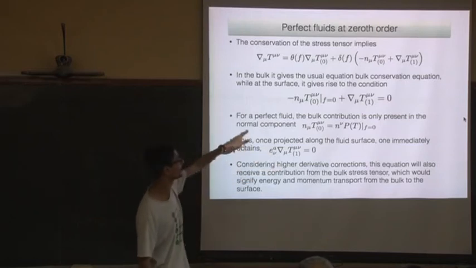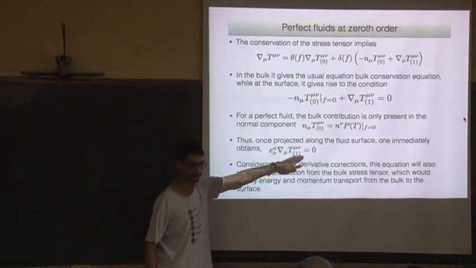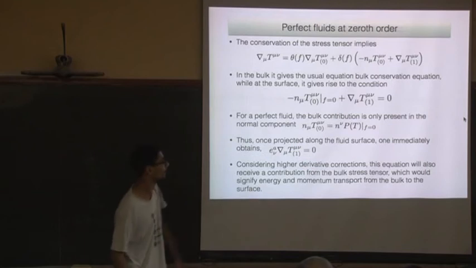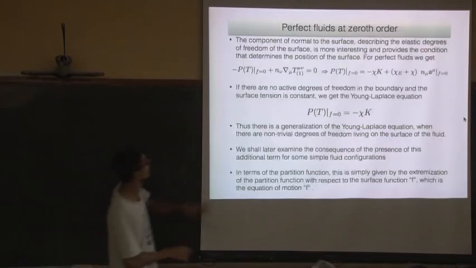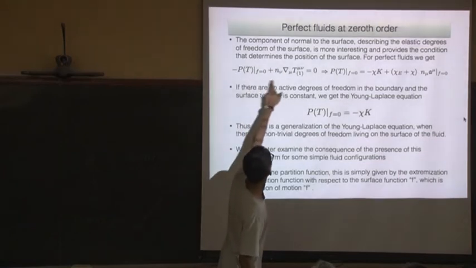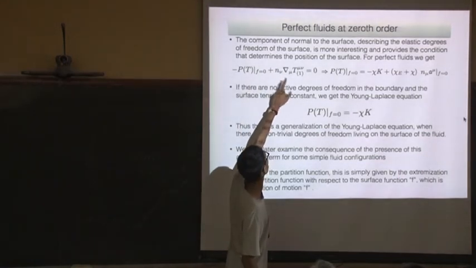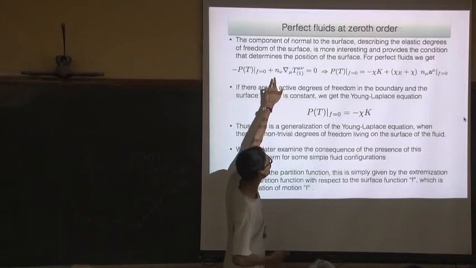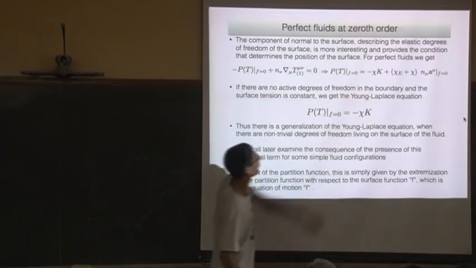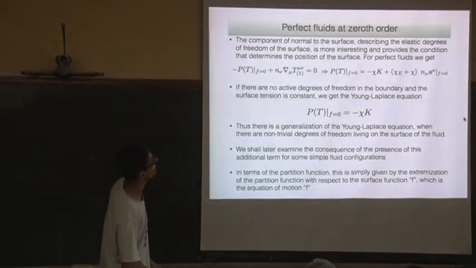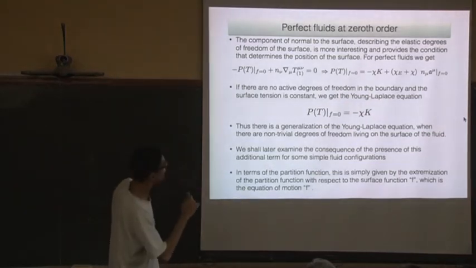Along the surface, for a perfect fluid, it just gives zero. But the interesting one is the surface stress tensor conservation equation projected along the normal, which comes out like this. It's called the Young-Laplace equation.